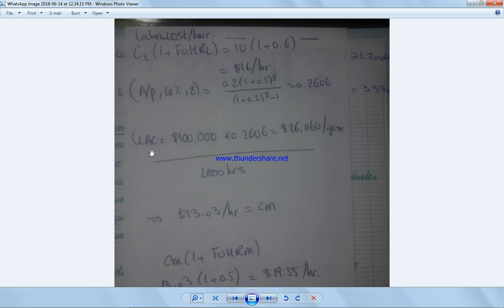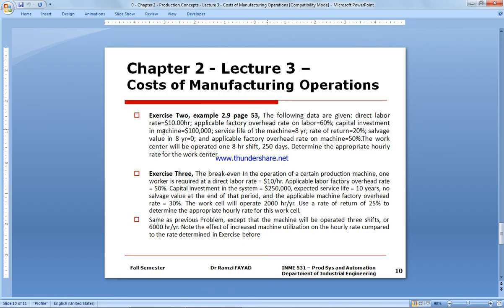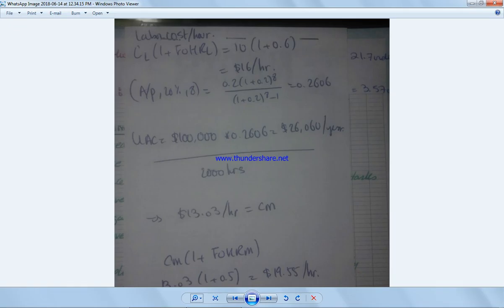First, in order to calculate the uniform annual cost, which is the amount of money it's gonna cost us on the machine over 8 years, taking into consideration the interest rate. The uniform annual cost is the initial cost we paid, which is 100,000, the cost of the machine right now, the capital investment, times the A given P factor over 8 years, taking into consideration the interest rate of 20%.